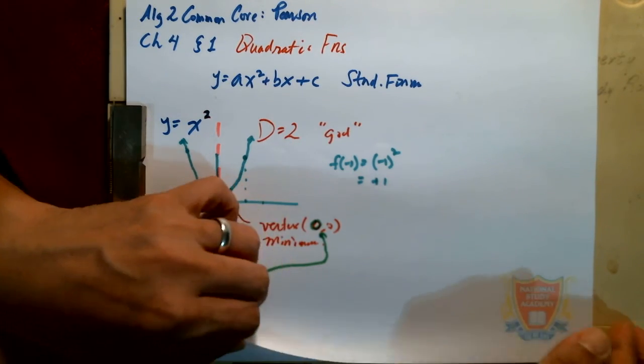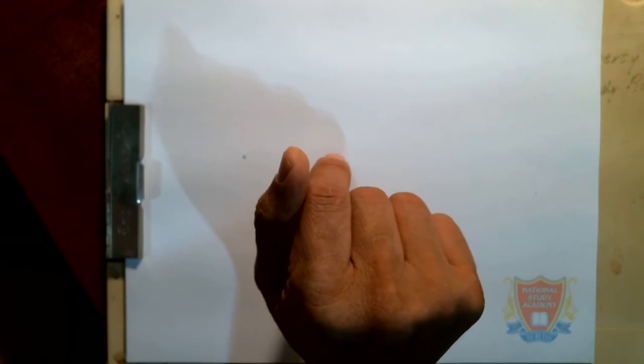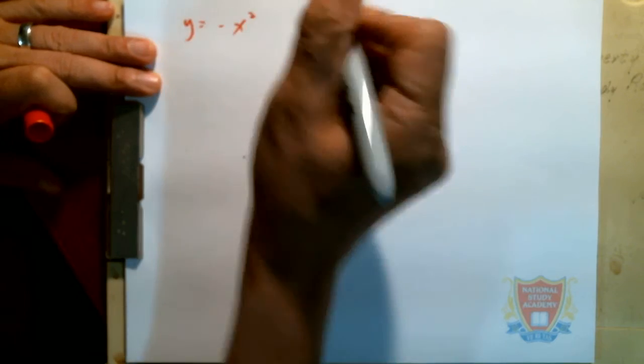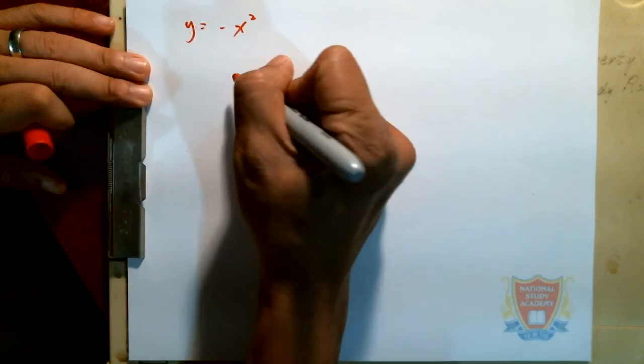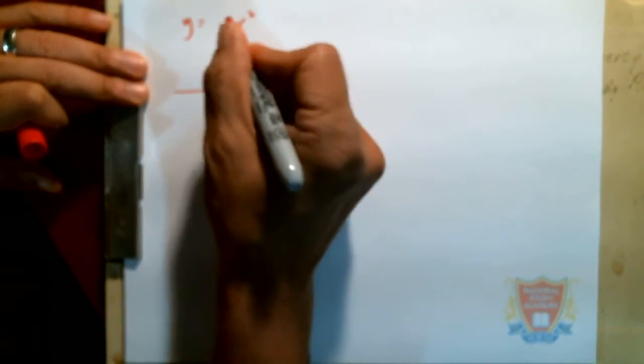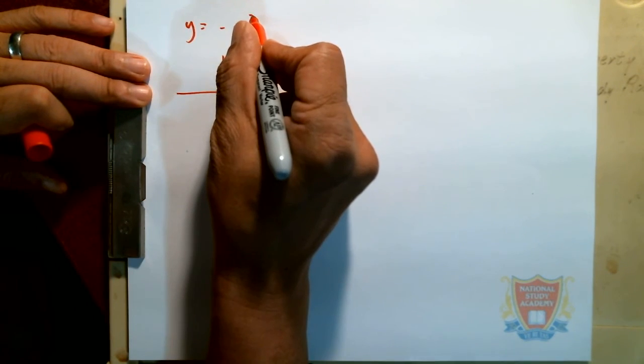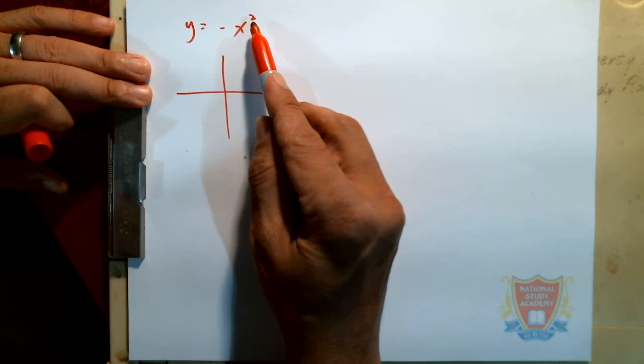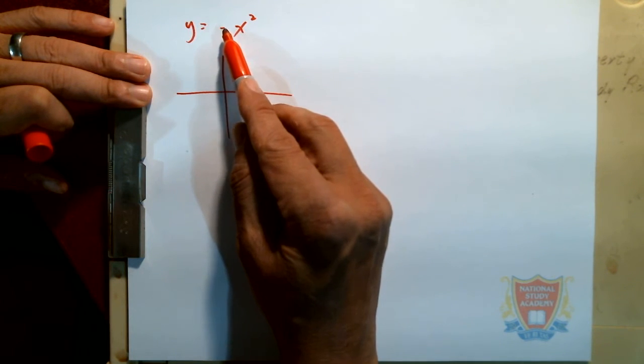Let's go on to page 2. Let's try a different one now. Let's look at y is equal to negative x squared. What does that look like? Well, at x equals 1, you square it first. 1 squared is 1, and you take the negative of that, it's negative 1.